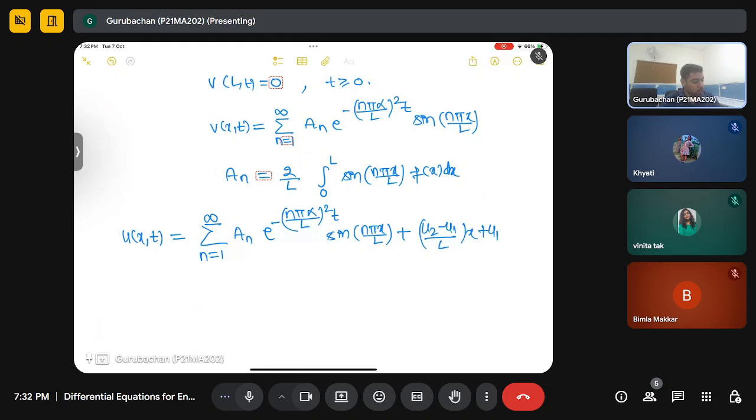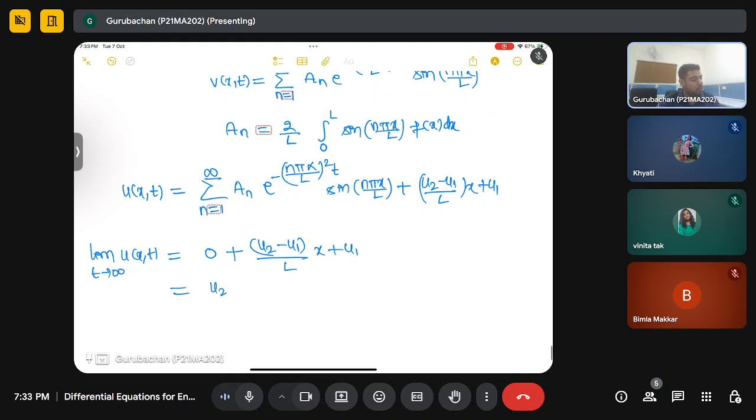Now we have to find the limit t tending to infinity, after a long time. This series will contribute 0, and the rest is independent of t, so we are left with the expression which is the same as we got from method 1. I hope it is clear here.